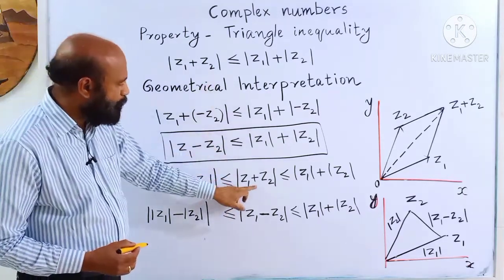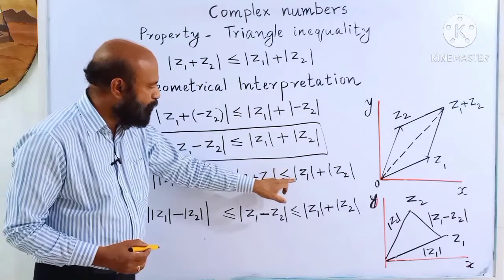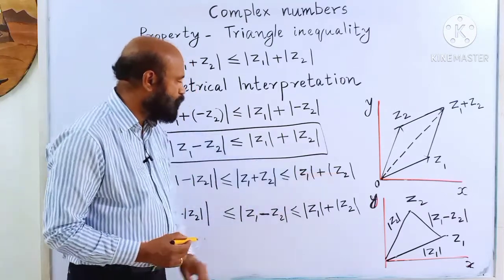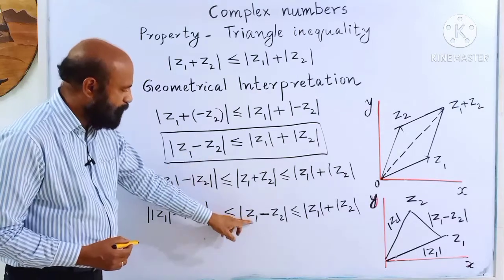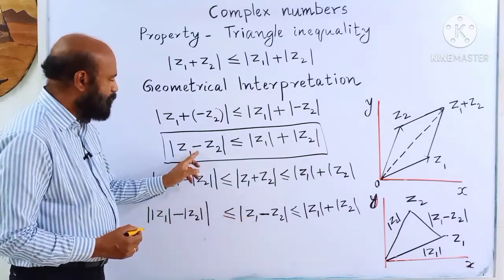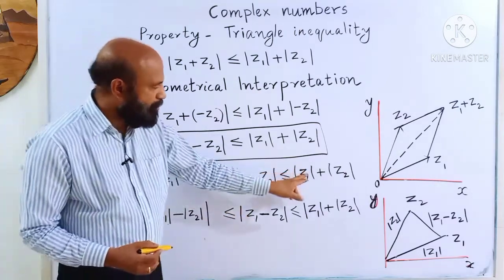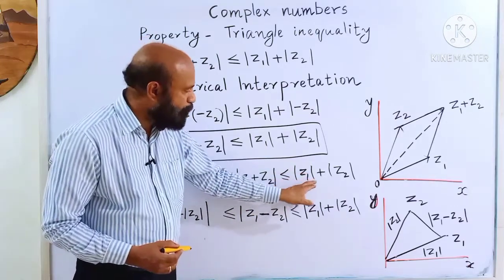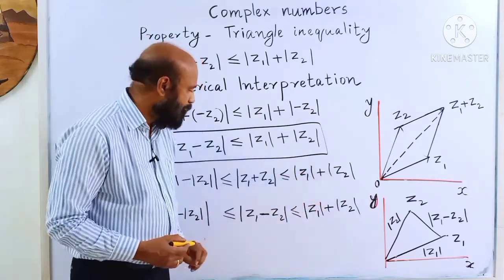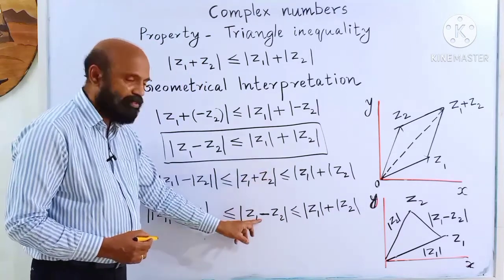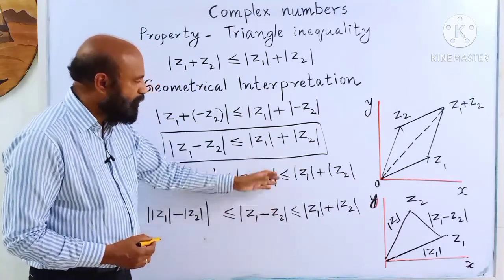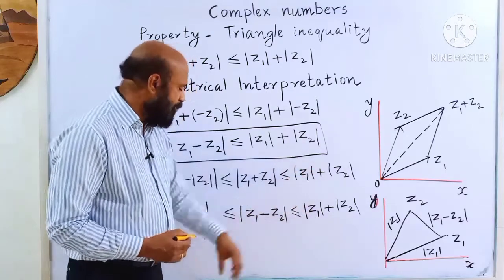So from these two you can write like this. See, modulus of Z1 plus Z2 is less than or equal to modulus of Z1 plus modulus of Z2. And here modulus of Z1 minus Z2. On this side you are finding the modulus and then adding. Here, adding, then finding the modulus. Here, subtracting and finding the modulus. Anyhow, these will be greater.